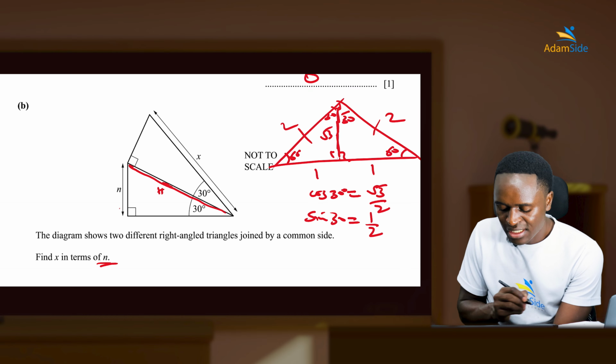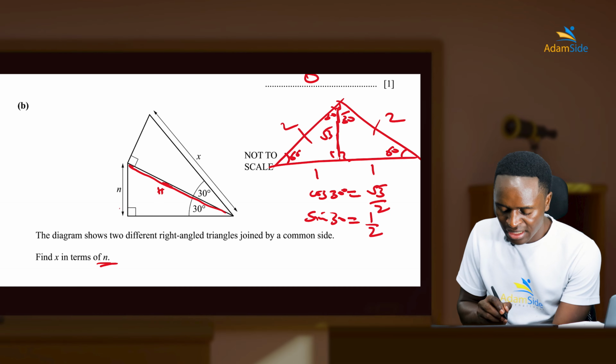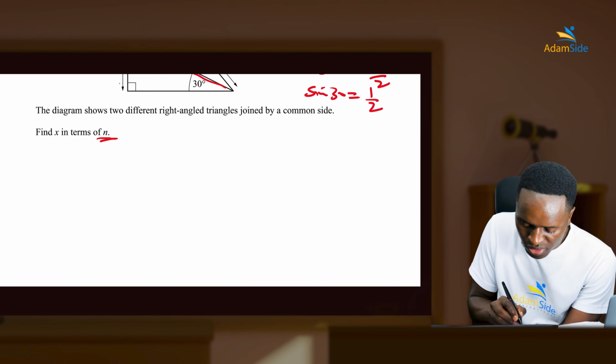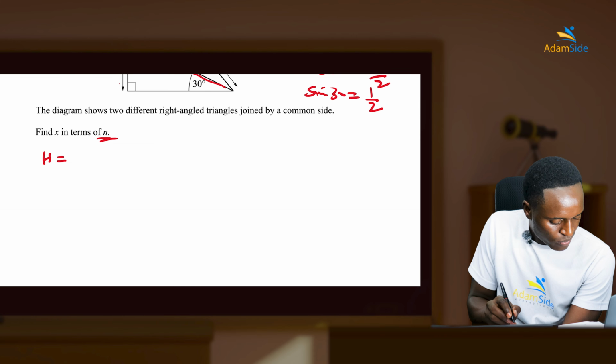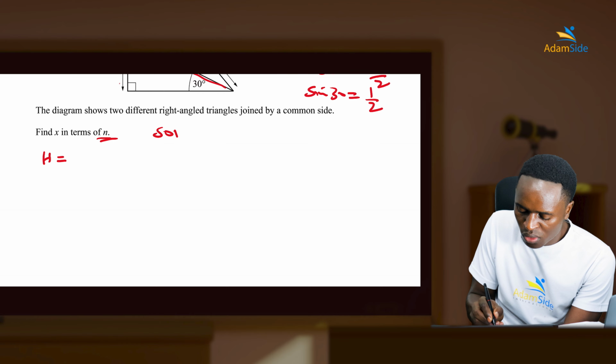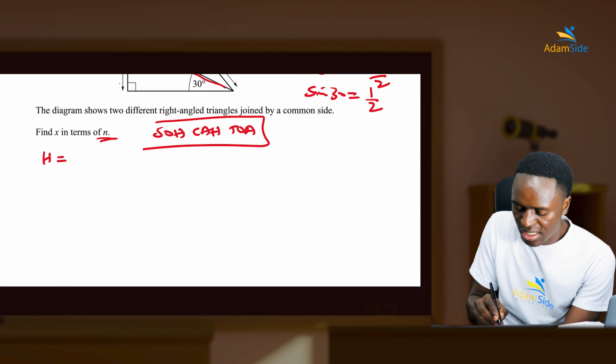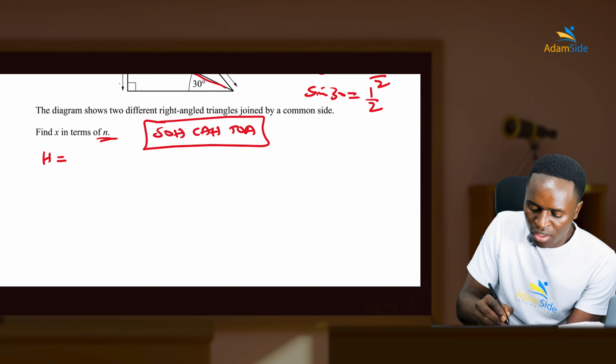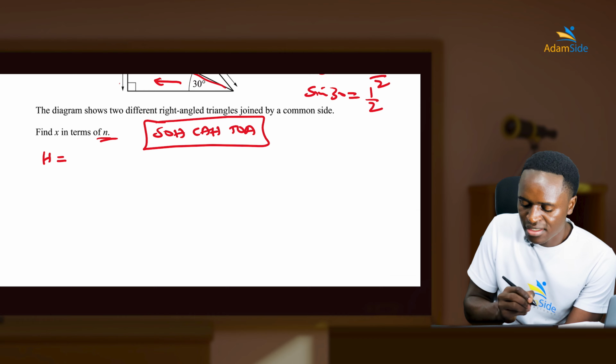To get the hypotenuse, which formula are we going to use? We need to know SOHCAHTOA. We have the angle, we have the hypotenuse, and then we have the opposite of that angle.